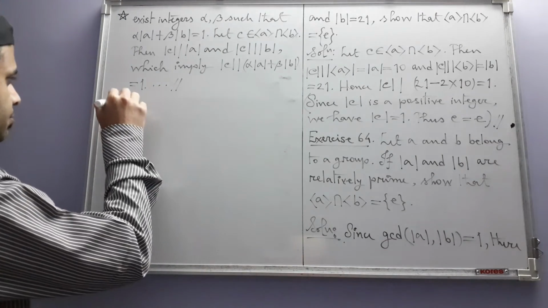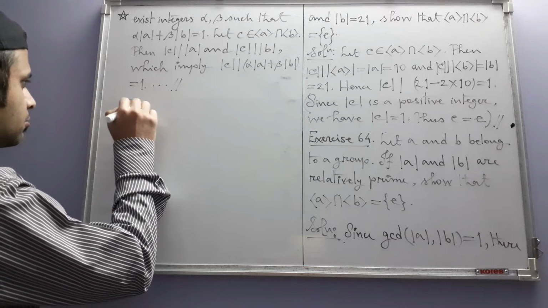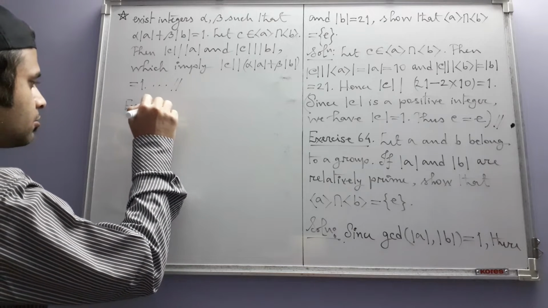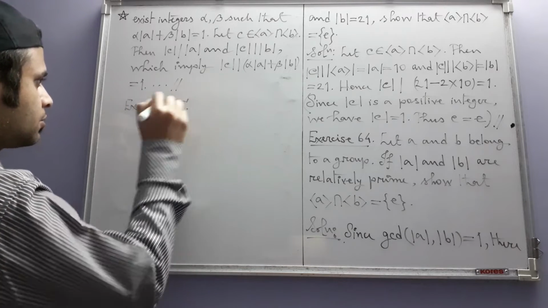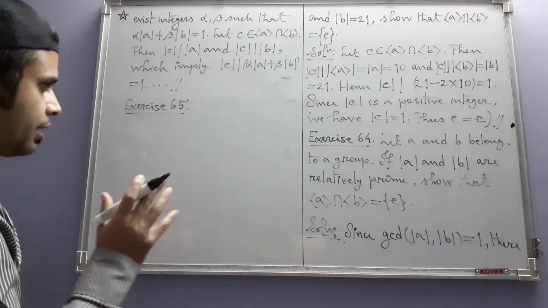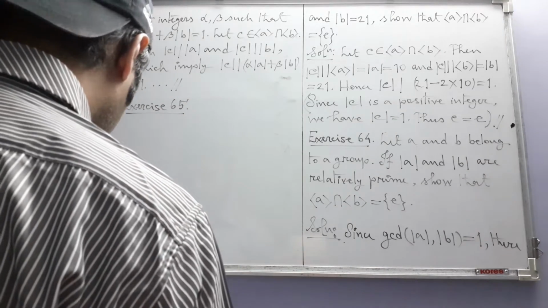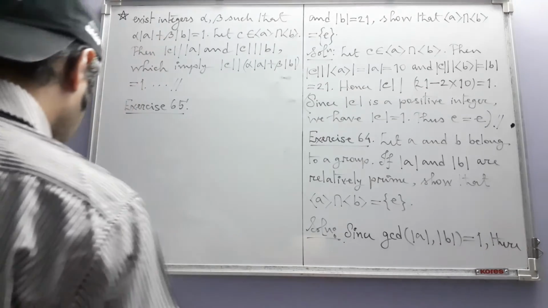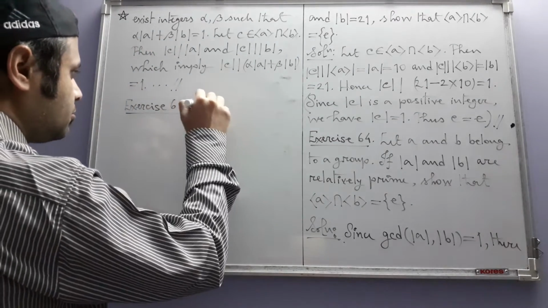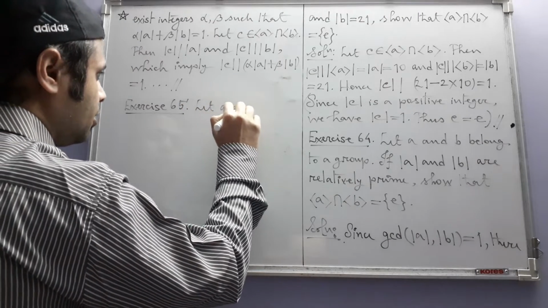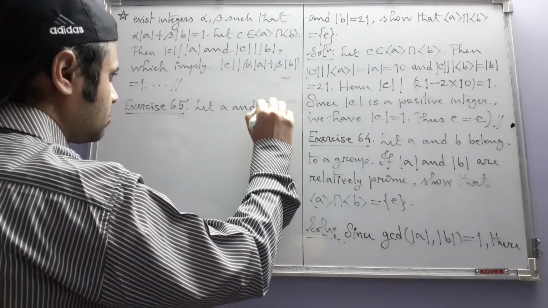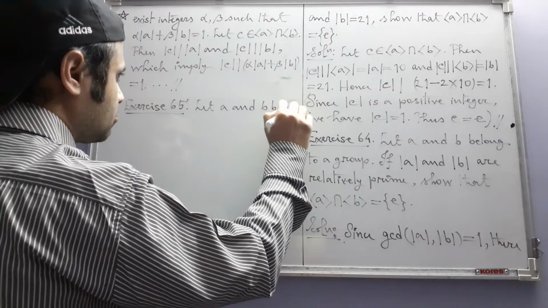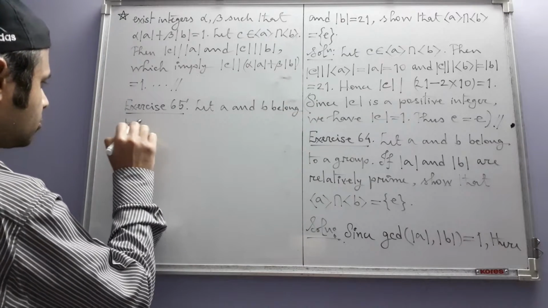65. This time again another one such exercise, but here the orders are not relatively prime. Let A and B belong to a group.